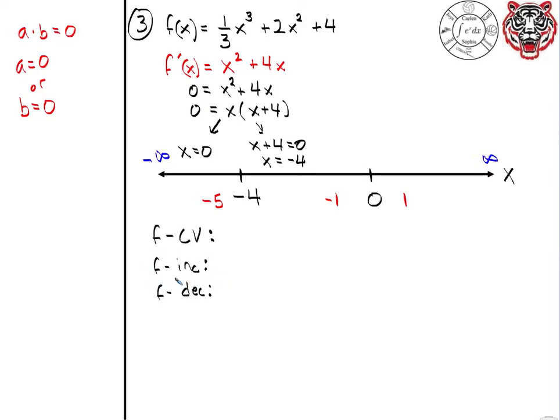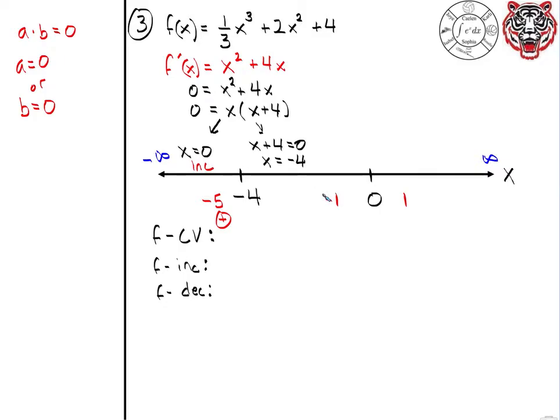It's where it's going up. Positive. Where what's positive? F prime. Exactly. That's why we want to deal with f prime and not f. So, plug in -5 and see if I have a positive or a negative value. It's 5. Positive 5 or -5? Positive. It is +5. Therefore, it's increasing.